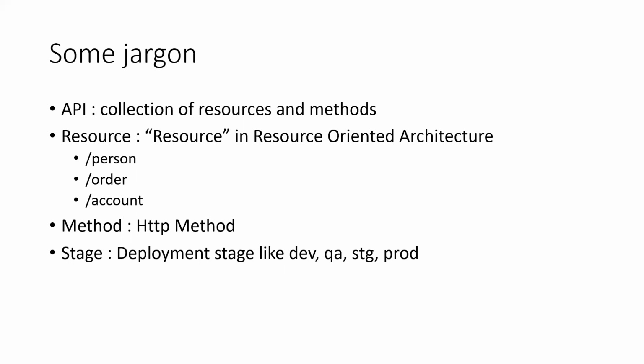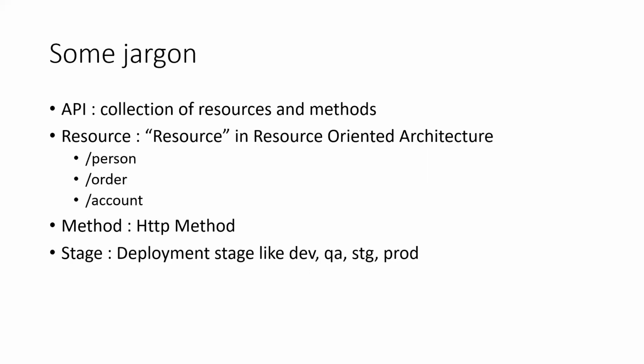Pretty much, like your object-oriented programming model, everything is an object, right? You have your person object and you have your order object, account object in this particular case, right? Similarly, in the resource-oriented architecture case, everything centers around the resource. You have this concept of resource that must be a noun, not a verb.